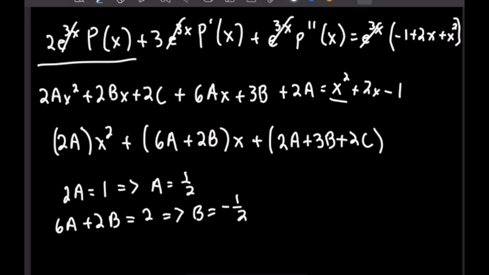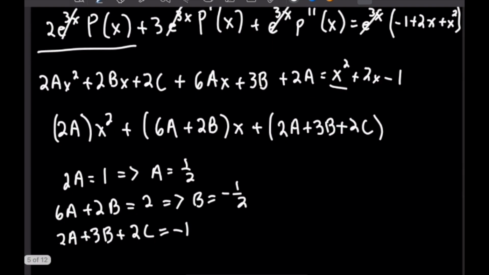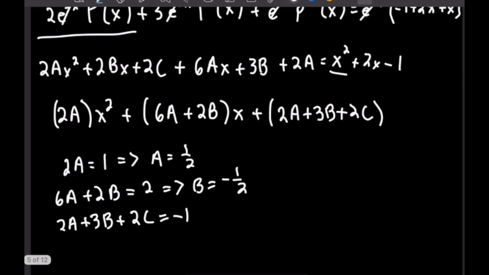And lastly, we have 2a plus 3b plus 2c is equal to -1. Well, let's see what happens here. Our 2a term is just going to go to 1. Our 3b term is going to be -3/2. So we'll have 1 minus 3/2, which is -1/2, and that'll be plus 2c is equal to -1.